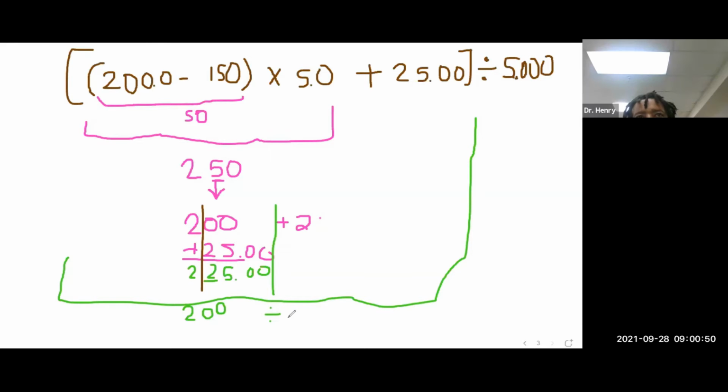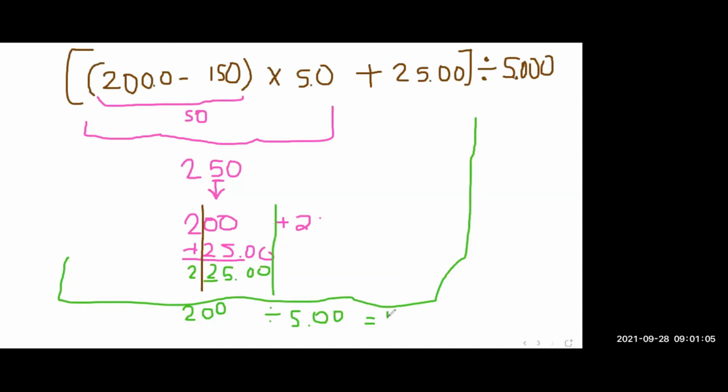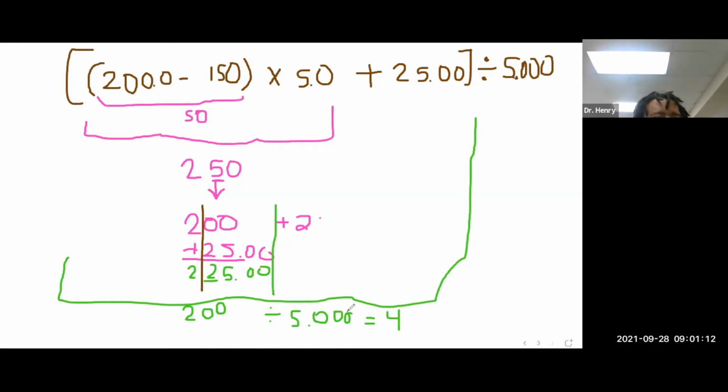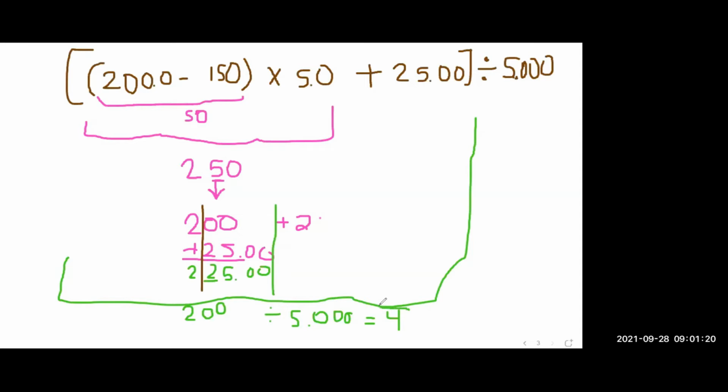That's right, 4. Just 4 or 4.000? So it's just 4 like that? Yes, it is just 4 like that. Okay, that would be my answer, 4.